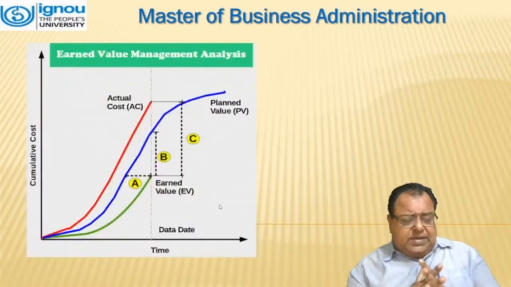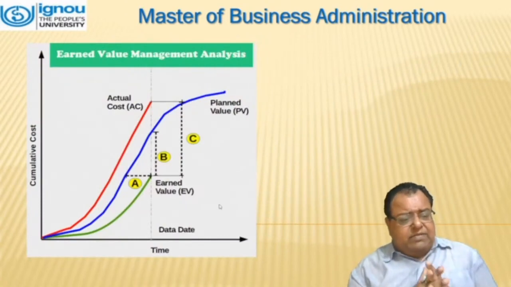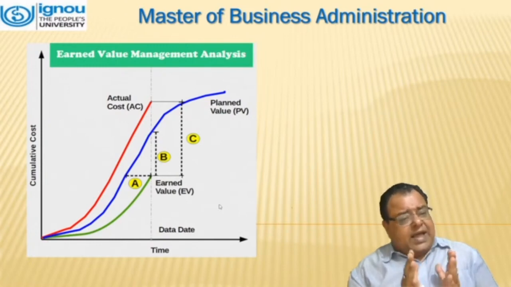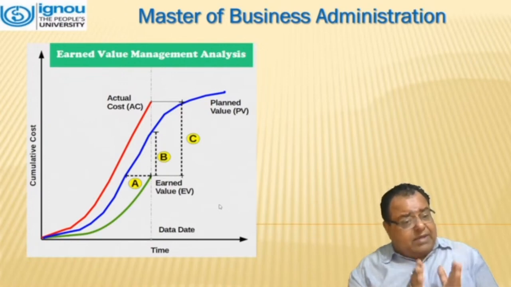From this diagram, we can see that when a cumulative diagram of cumulative cost versus time is drawn, we have three terms: the actual cost, the planned value, and the earned value. They have been depicted by three different colors. Red is for actual cost, blue is for planned value, and green is for earned value.